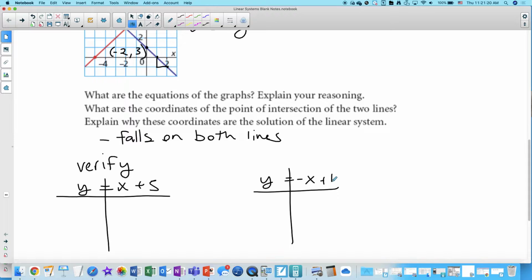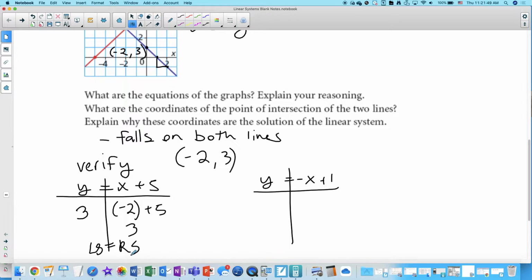And we're verifying the point -2, 3. Okay, so if we plug in a 3 for y and a -2 in for x, we want to make sure that each column is equal to one another, right? So the left column is just 3, -2 plus 5 is 3. So this is good because the left side equals the right side.